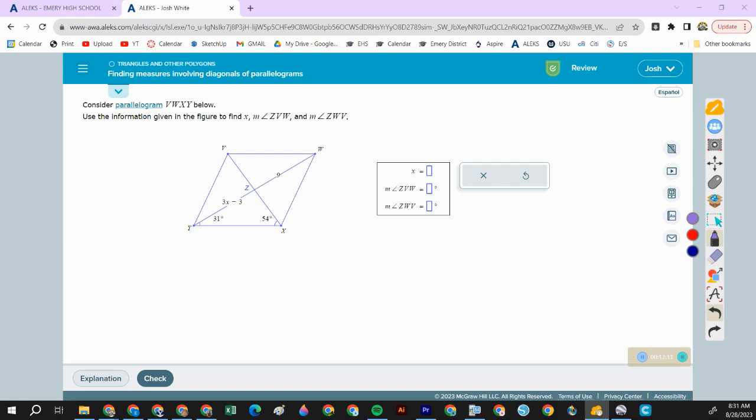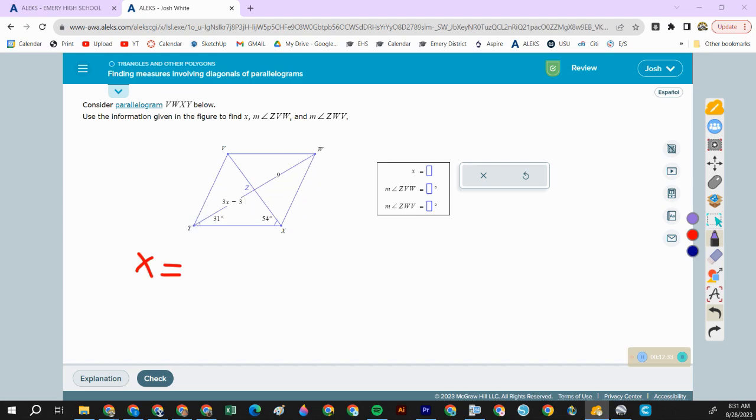So how am I going to calculate the size of x? How do those two lengths measure up to each other? They have to be equal because the long diagonal and the short diagonal both get cut in half when you draw both diagonals.